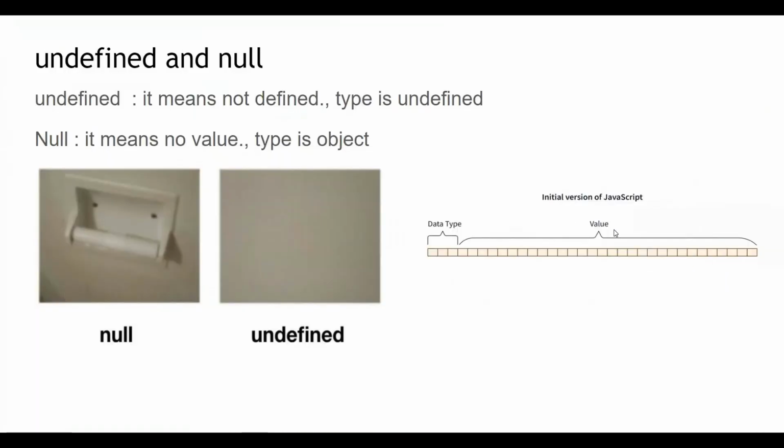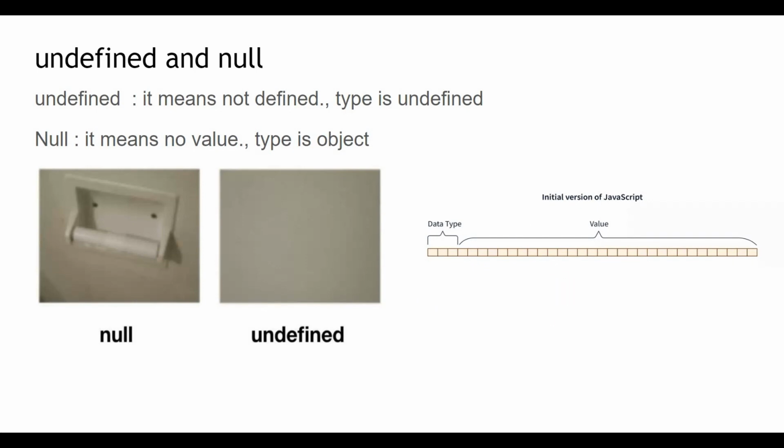When JavaScript initially started, JavaScript had 32-bit storage. In that, the first three bits define the data type of that variable, and the remaining bits will store the value of that variable. So whenever the first three bits are zero, then that 32-bit will act as object.